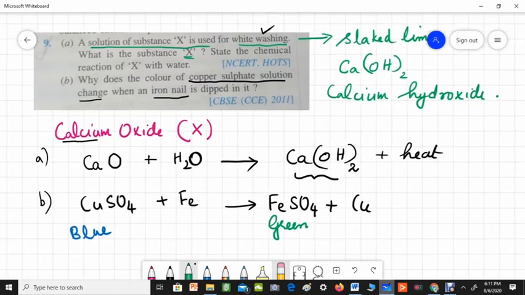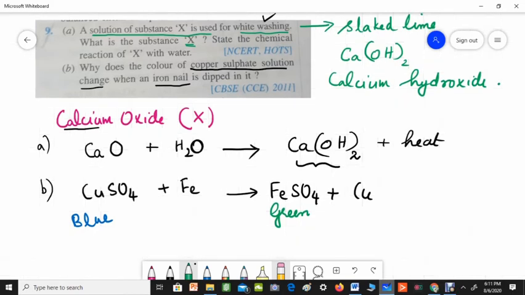This kind of reaction we call a displacement reaction. Which are the two metals involved in this reaction? One is Fe, the second metal is Cu, that is copper. When you look at the reactivity series, iron is more reactive than copper.